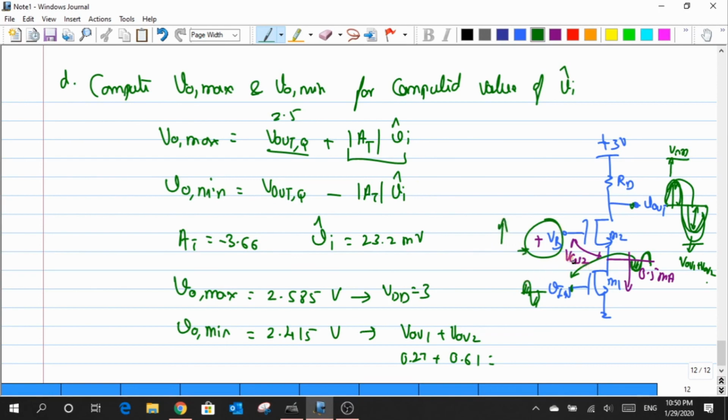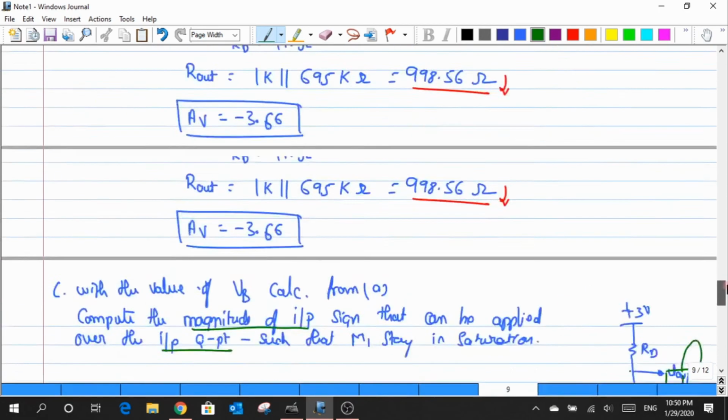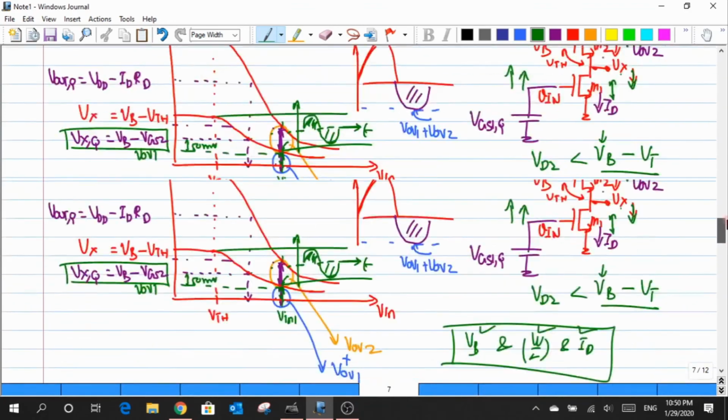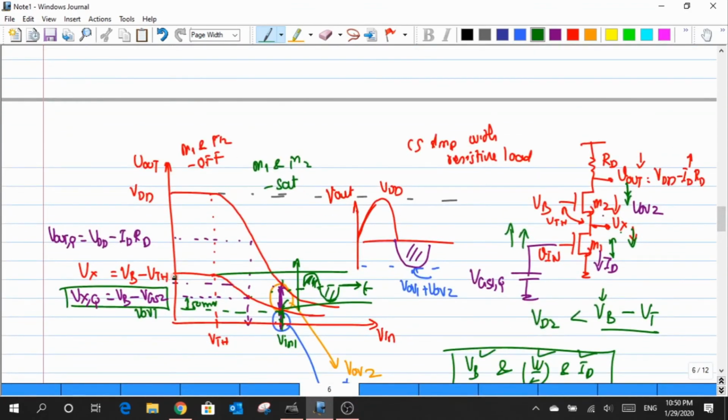Now when I shift this VB, what is happening to the graph is that previously, for a small value of VB, I had this kind of graph. When I raise the value of VB, I'm trying to shift this bottom graph to a new position.